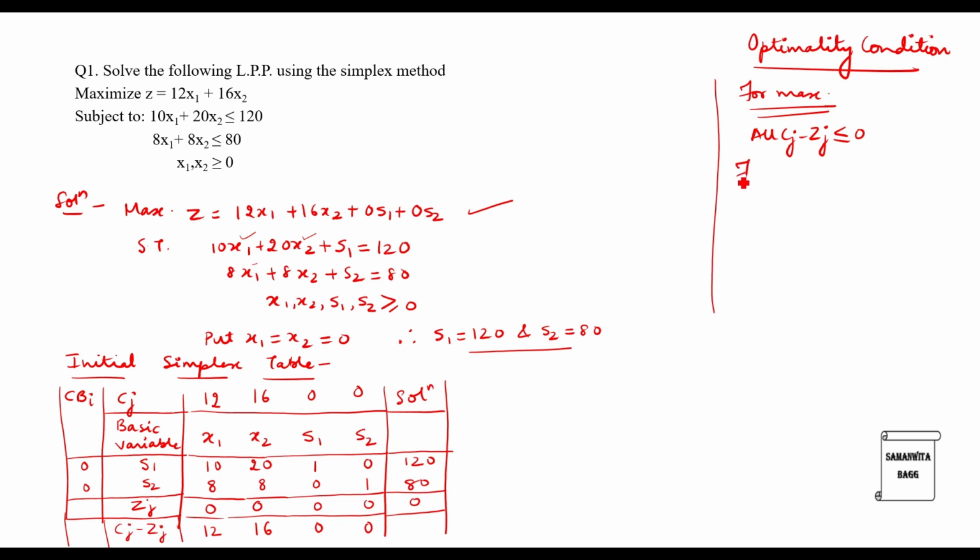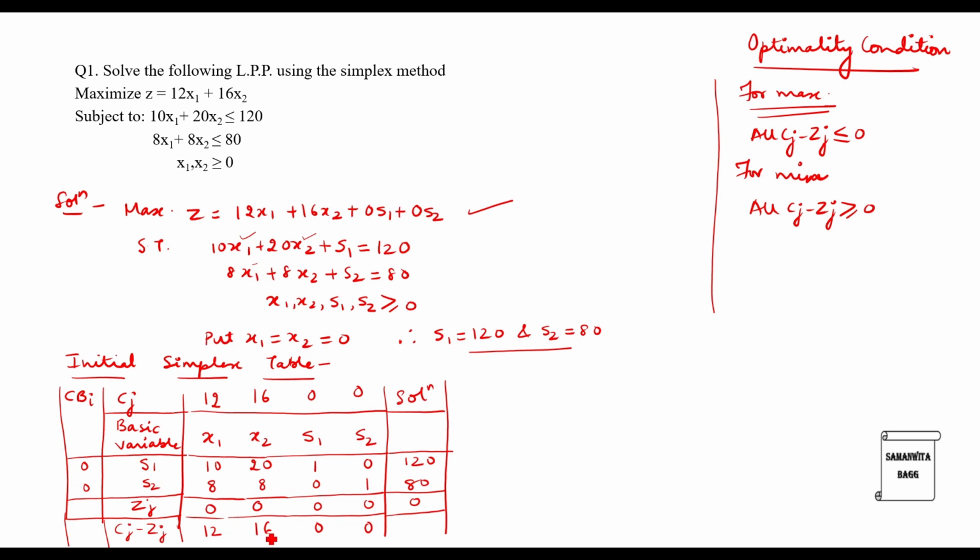Now, if you talk about a minimization type of problem, all Cj minus Zj should be greater than or equal to 0. You should remember these two rules, which are important such that you can reach optimality and say you have reached the end of the problem. But this table is not ending my problem because all Cj minus Zj are not less than or equal to 0.